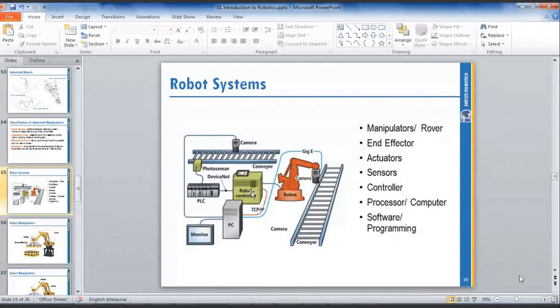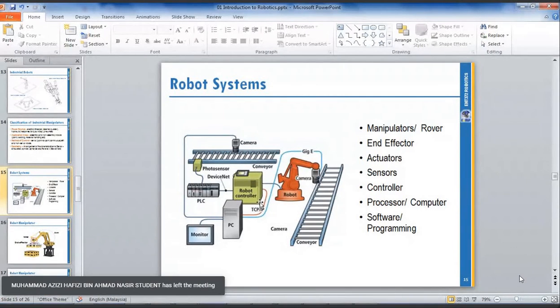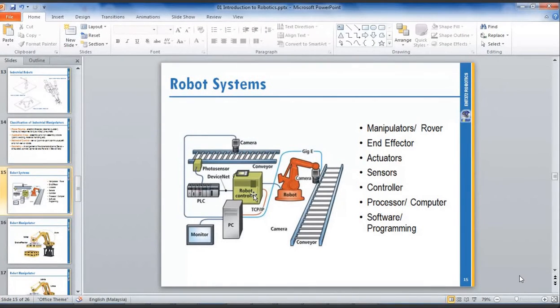Robot controller is similar to a motor driver, something like that. But because it is a robot controller, it has something special for this robot, something like AI, inside this. So the PC will send the signal to move the robot through the robot controller.